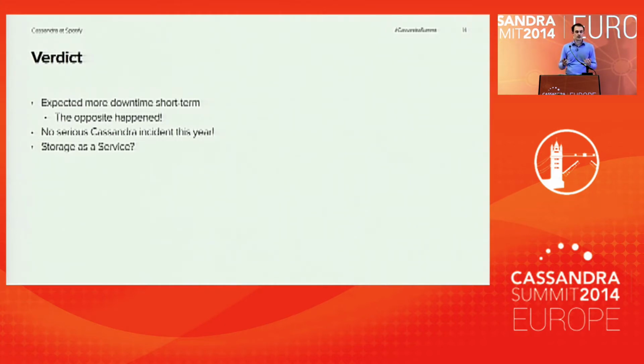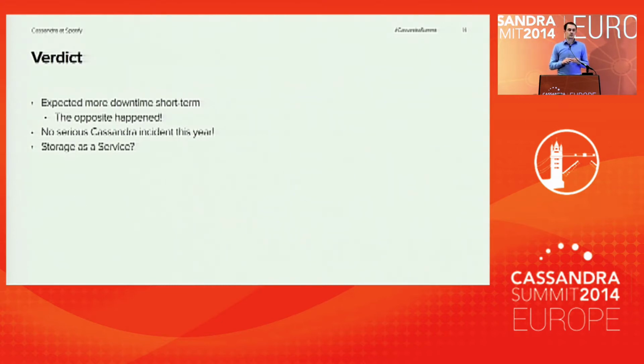And as far as Cassandra, we had no serious Cassandra incident for this entire year. Not everything worked all the time, but there has been no data unavailability on the same scale as we had before. We could also attribute this to Cassandra being a much more mature database these days, obviously.